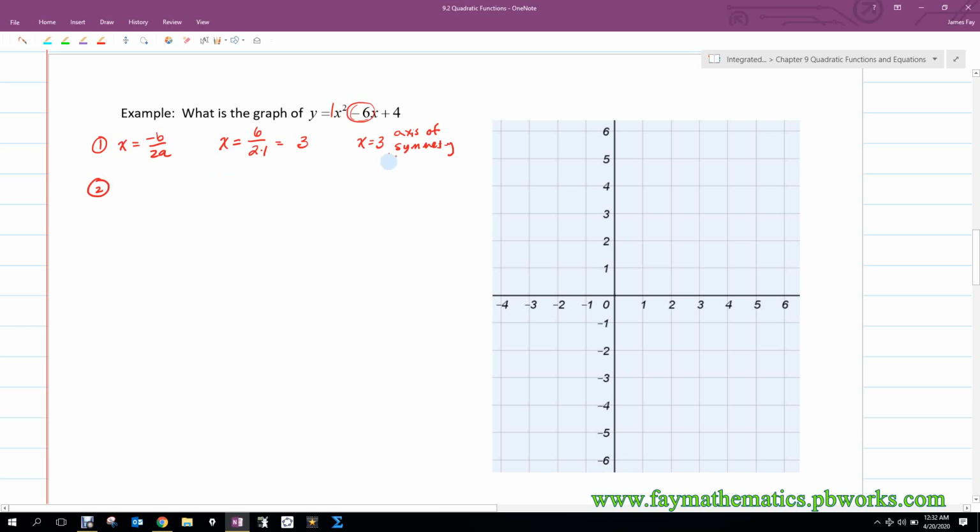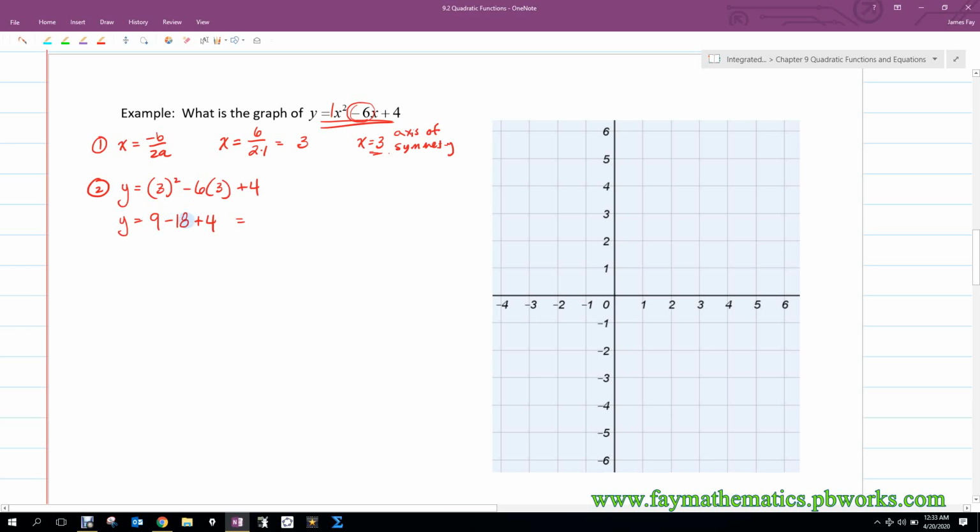Second part says now take that 3 and plug it in to find the vertex. So y will be 3 squared minus 6 times 3 plus 4. So that's y equals 9 minus 18 plus 4.